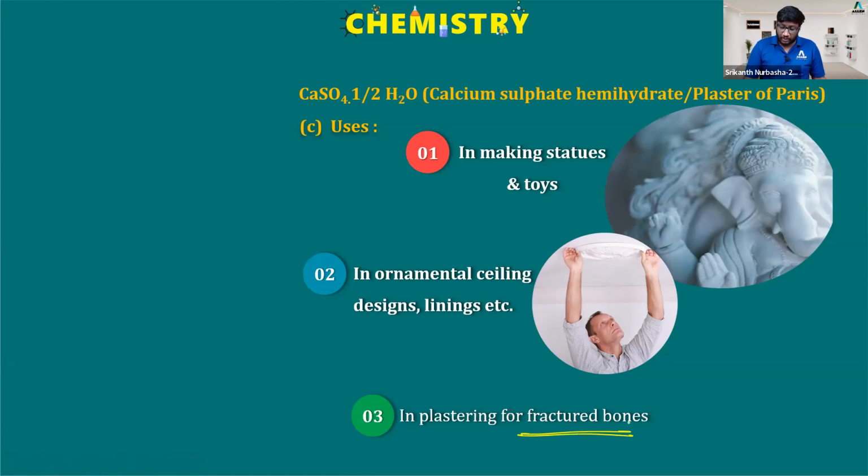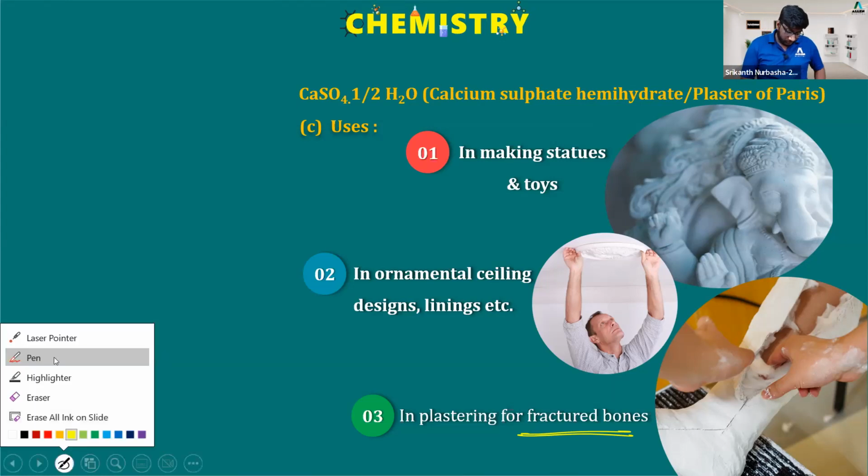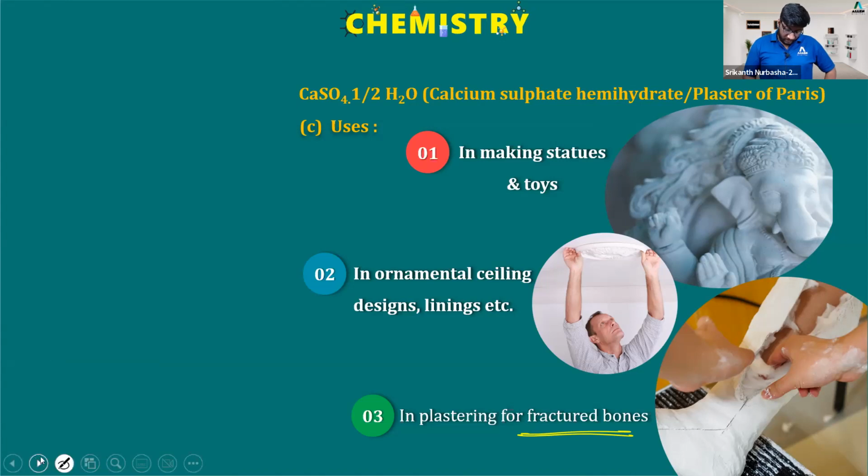For the orthopedician, POP is used for fractured bones because it becomes hard, right? Whatever bone displacement or slight break happened, the bone is fixed in the same position for longer days because it sets again. This is nothing but your calcium sulfate hemihydrate or plaster of Paris.